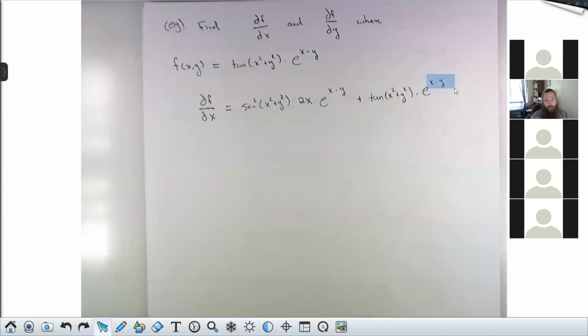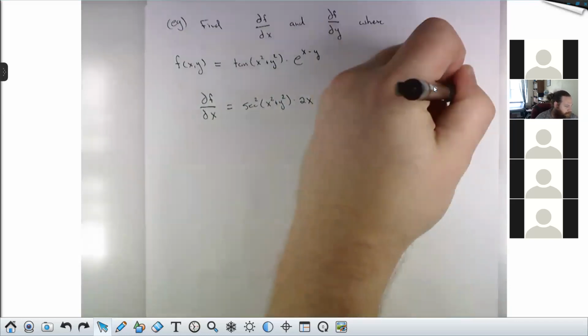So the partial derivative of x minus y with respect to the variable x is just 1 minus 0. The derivative of the y would again be 0 because it's a constant, and the derivative of x is 1. So this is just going to be multiplied by 1.